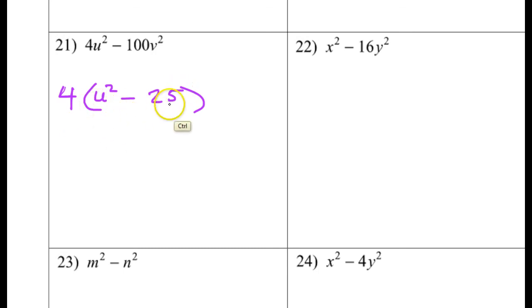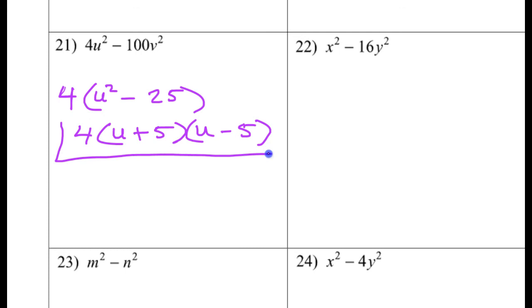Okay, but u squared minus 25 is the difference of squares. So I must keep going. The difference of squares pattern says this will factor as u plus 5 times u minus 5. And you bring down the 4, and this is the final answer.